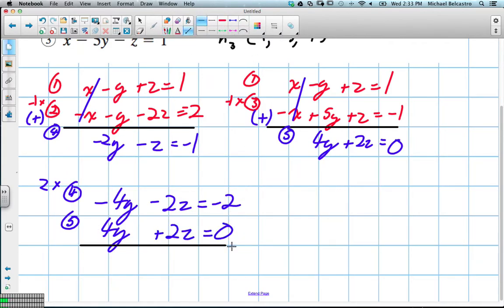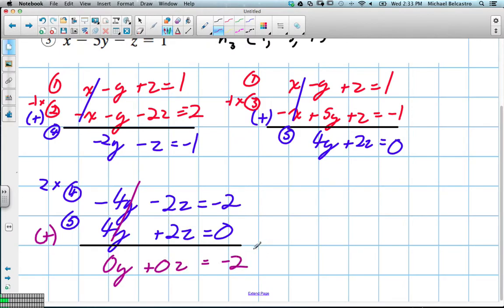I know it's looking like we're going to start off with a lot of math here. But when we add these together, this becomes 0y, this becomes 0z, and this becomes negative 2, which means we have essentially a value equal to 2 over 0, which doesn't exist. So there isn't an infinite number of solutions here.